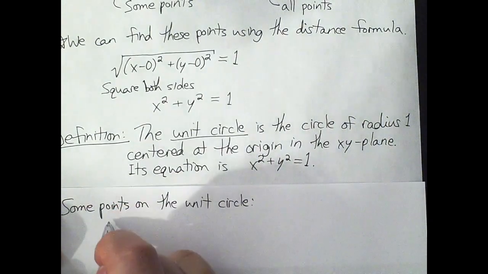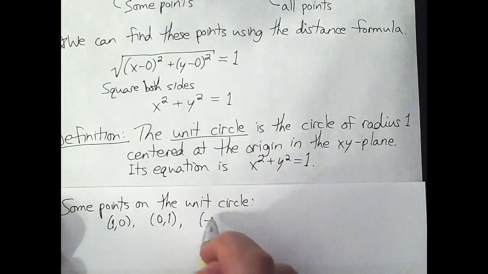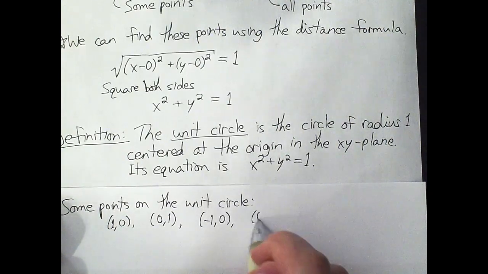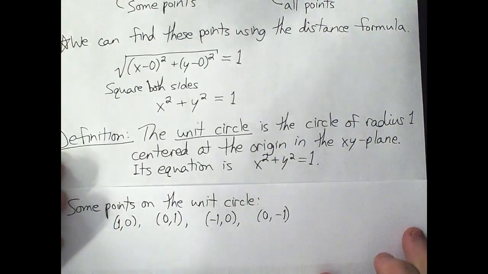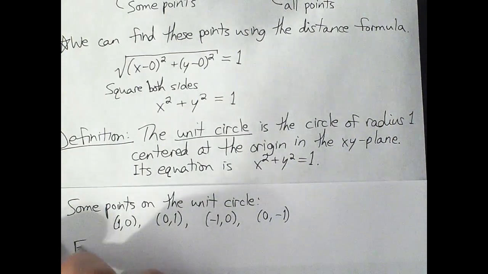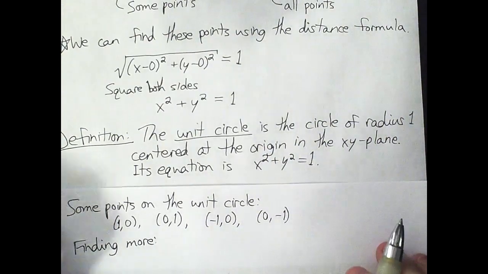And some of the points that we know were 1, 0, 0, 1, -1, 0, and 0, -1. Those were the ones on the x-axis or y-axis, and we can tell just by looking at the picture.